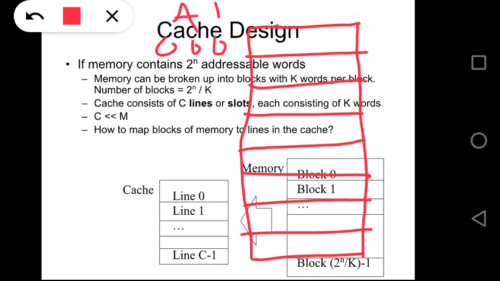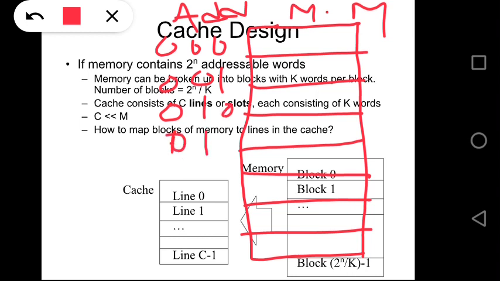Let's assume this is the address, and this is the main memory. 000 means the first address. 001 means the second address. 010 means the third address. 011 means the fourth address, since we are starting from 0. Next 100, 101, 110, 111.